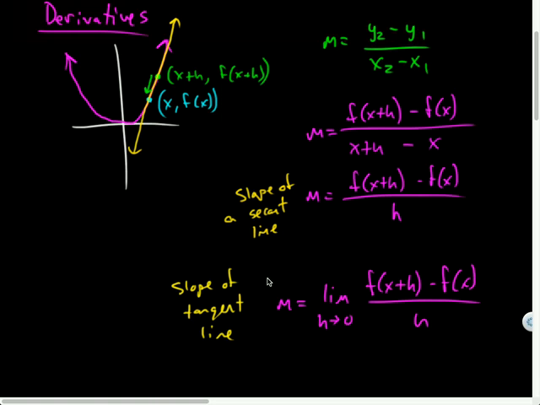And this is the slope of a tangent line, and that'll find the slope for a particular point. However, if I leave x defined generic, just as being any value of x, we'll actually be able to find the derivative.